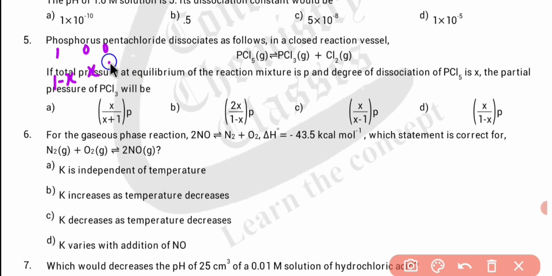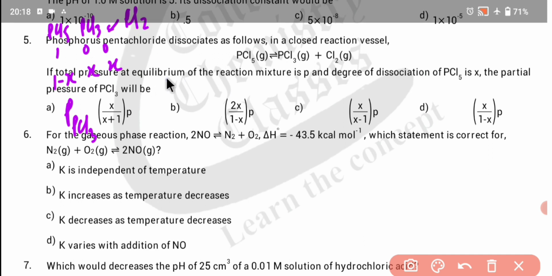Similarly for Cl2, this will be x, right? This is PCl5, this is PCl3, and this is Cl2.